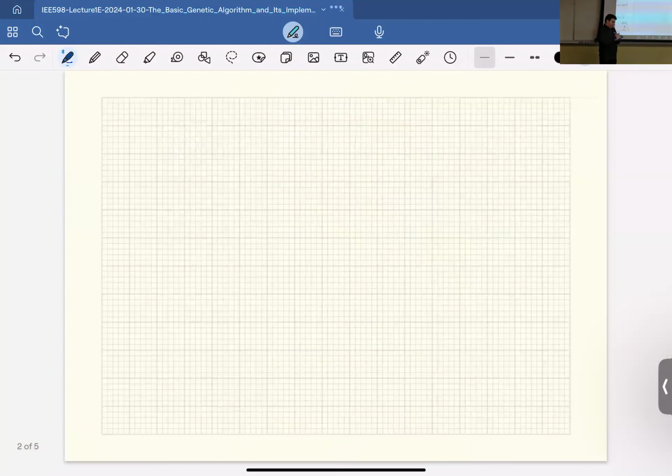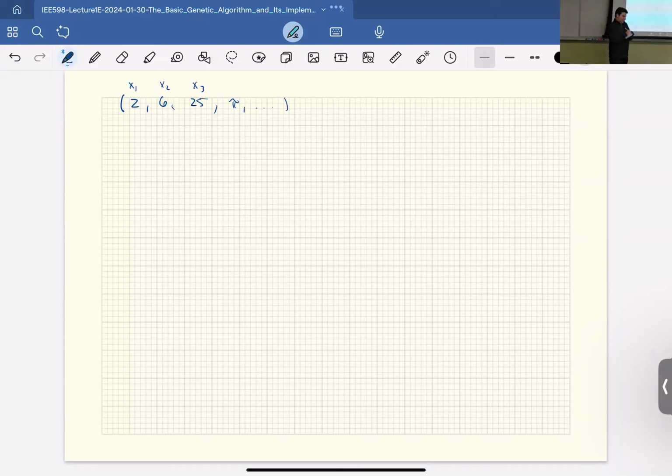I could say, if this is like 2, 6, 25 pi, where this is x1, x2, x3, x4, all the way up through xn, so maybe I'll put comma 2.75, where this is xn.